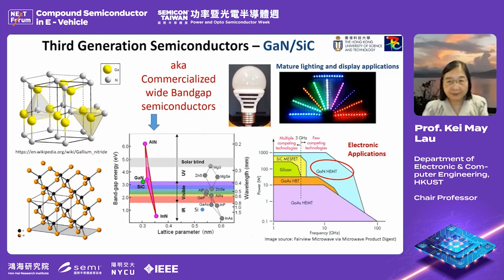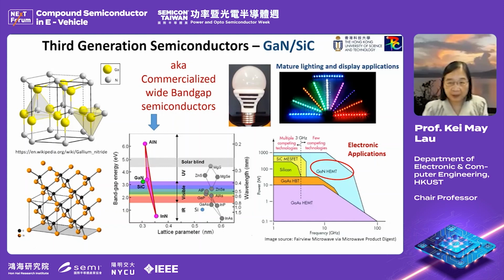to make devices. And of course, for lighting and display applications for gallium nitride, and also for electronic applications. You can see here the frequency band and the power applications. Gallium nitride is the one material that can get to high frequencies and also make power devices. Silicon carbide MOSFET has been developed for a long time, but it's mainly for power applications, not being able to get high in frequency.